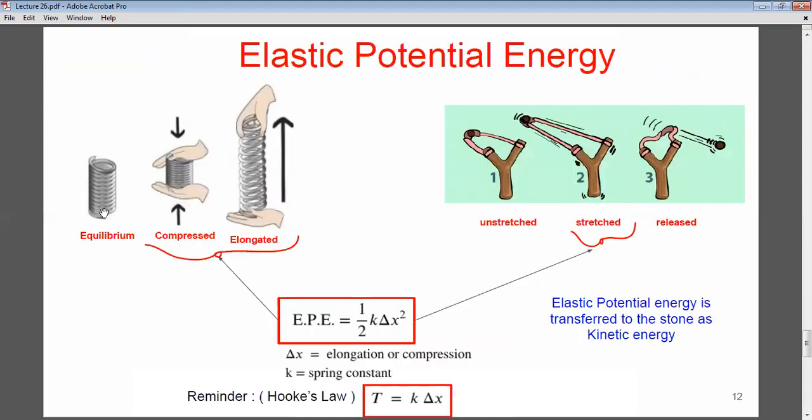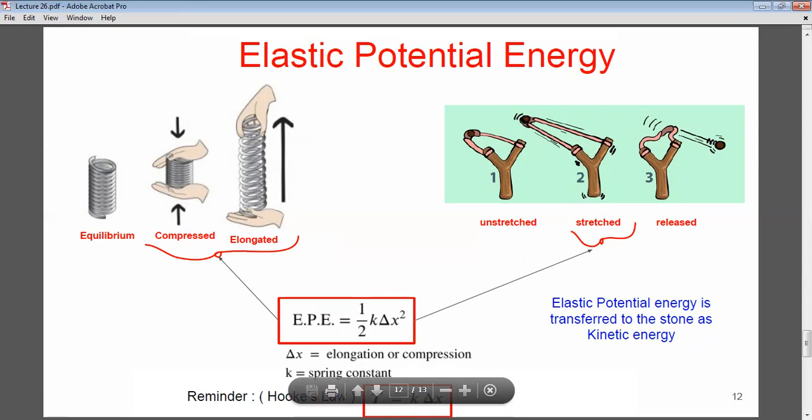Elastic potential energy happens if we have a spring or a rubber band or an arrow. If it's at equilibrium, there is no elastic potential energy, it will be 0. However, if it's compressed or elongated, then it has EPE equal to half K delta X squared, where K is the spring constant that we learned in Hooke's law when we learned that T equal K delta X, right?